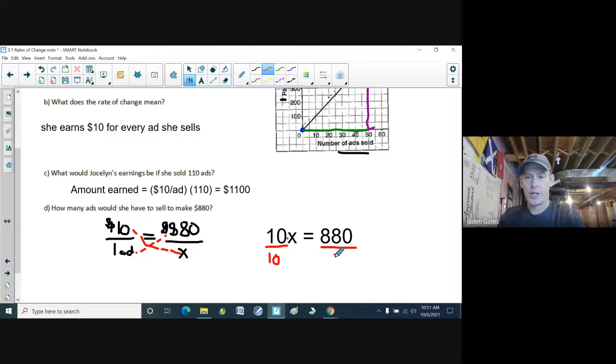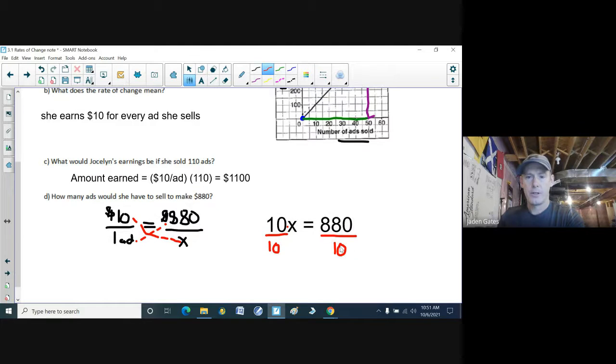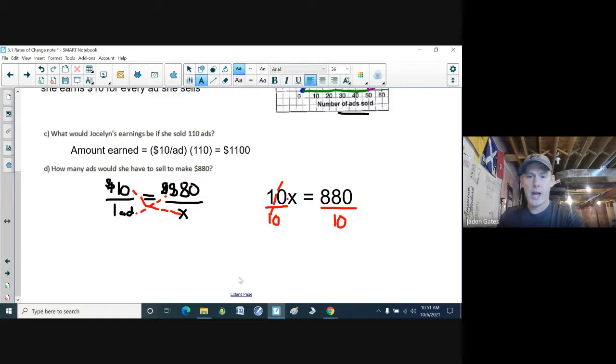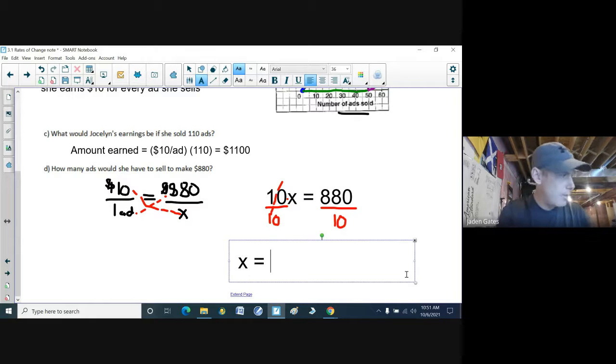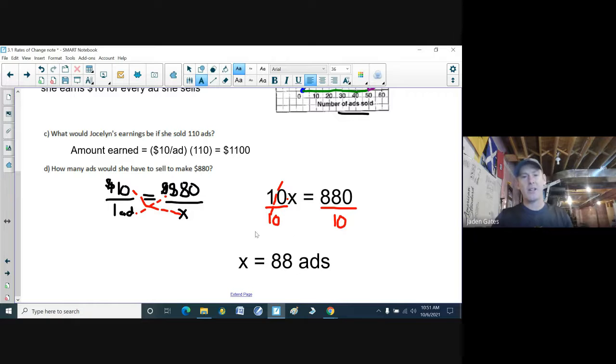And what I do to one side, I got to do to the other here. And so X is equal to 880 divided by 10, which is, let's see here, 88. And we are talking about the number of ads. So she has to sell 88 ads to make $880.